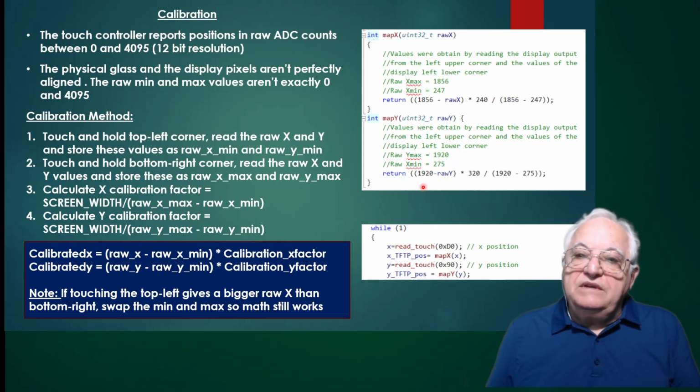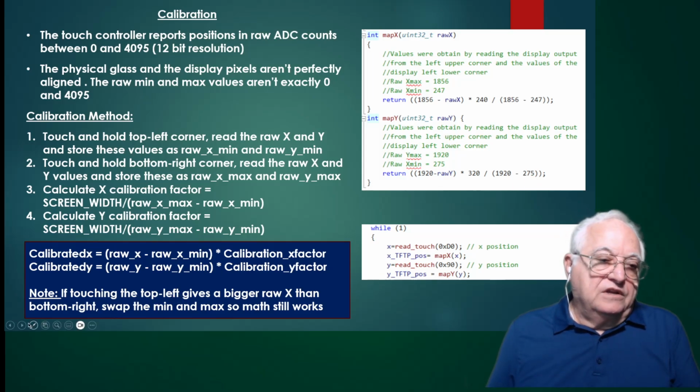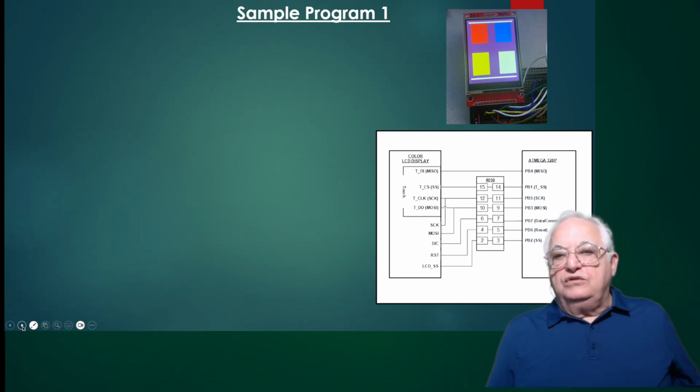Now I do the same thing for the left, which is the max Y minus the Y that I just read, multiplied by 320 and divided by max Y, which is 1920, minus 275, which is the Y minimum. So that's the calibration. So at this point, we're ready to go into our sample program 1.